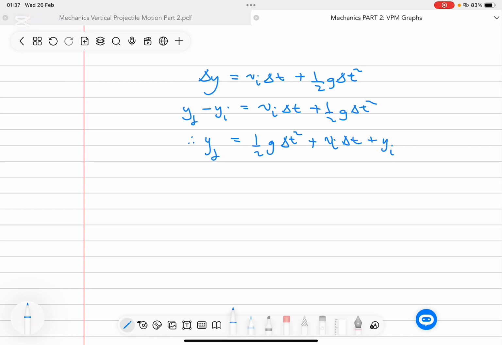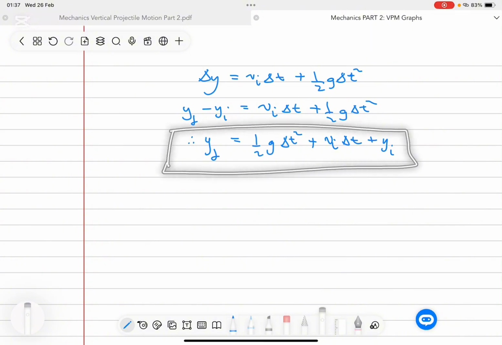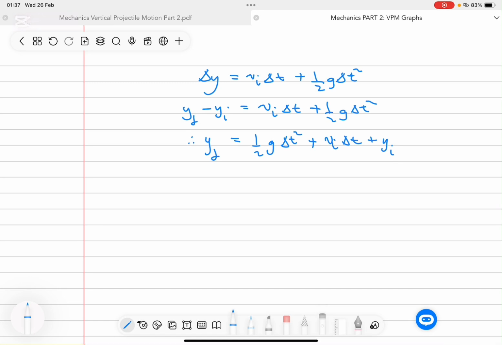If we inspect this equation thoroughly, we can see that it is actually in the standard form of a quadratic equation. What I mean is that we have f of x equals ax squared plus bx plus c.